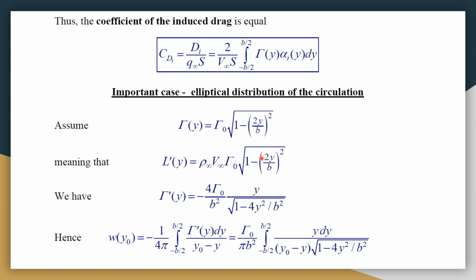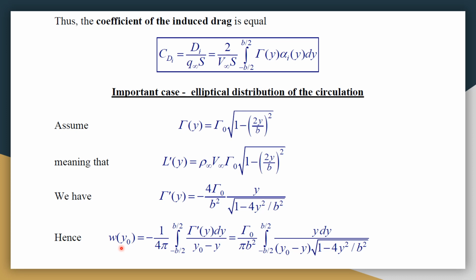After squaring this bracket and multiplying, tau dash y equals 4 tau naught divided by b square into y upon under root of 1 minus 4y square by b square. It is the squaring of this bracket that gives this.